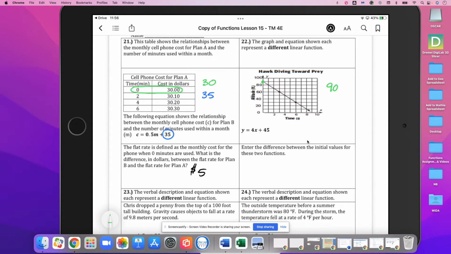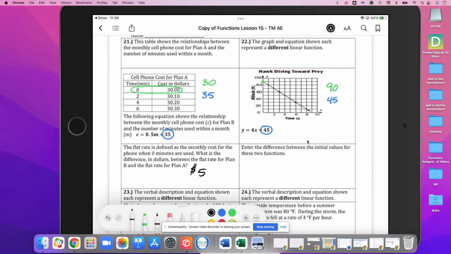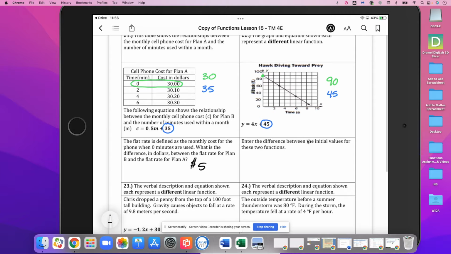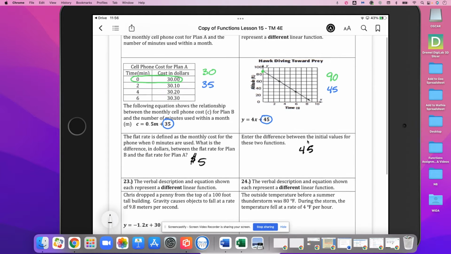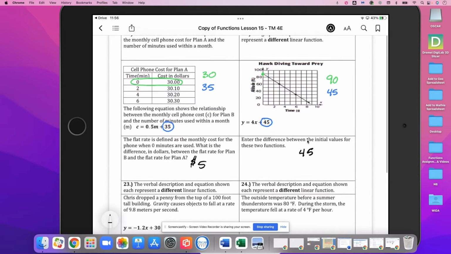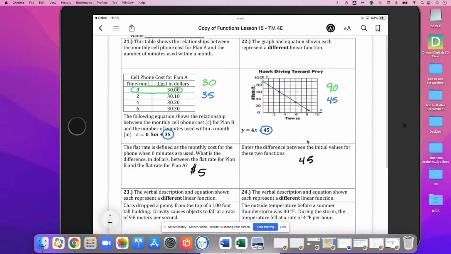It's going to be 90. And in the equation, the initial value is going to be 45. And they're both positive, so it's pretty easy. The difference between 45 and 90 is 45. All right, I'll pause here and be ready to move on to 23.